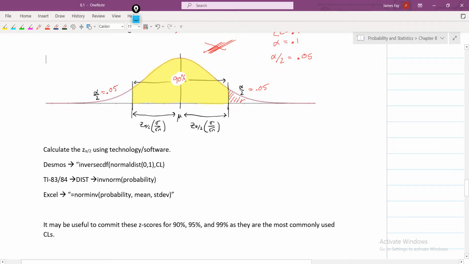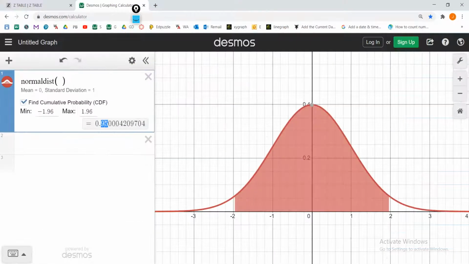So let's do this with Desmos first. If you remember, this area was found by taking what we call an integral. If I want to find the z-scores that attach to that area, we actually have to take the inverse of that integral.